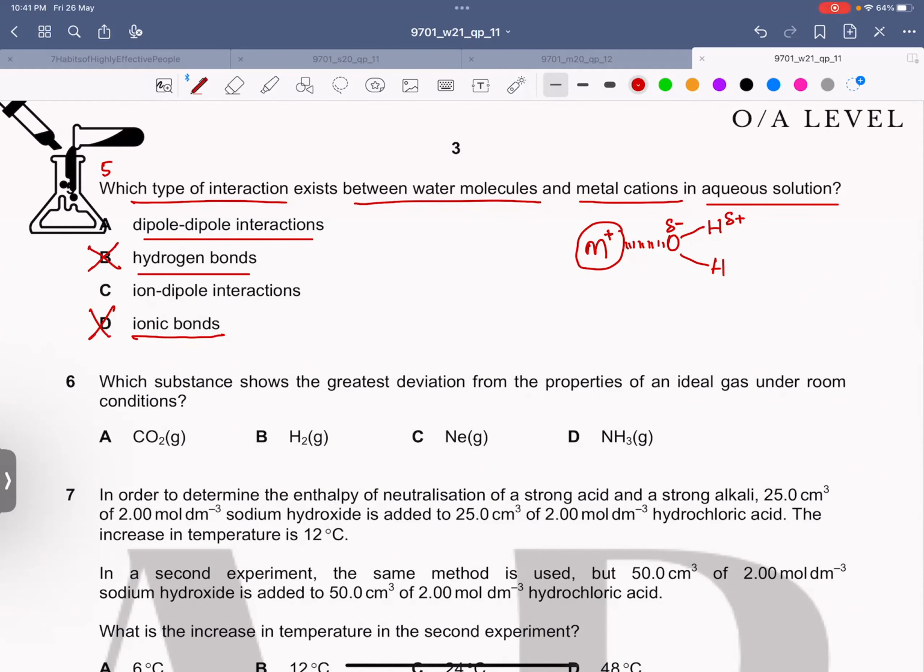Now we are left with A and D. D says ion-dipole interaction. See, this molecule has a dipole and here we have an ion, right? So we can call it ion-dipole interaction. So A goes wrong and D is your correct answer. Is this understandable to everyone?